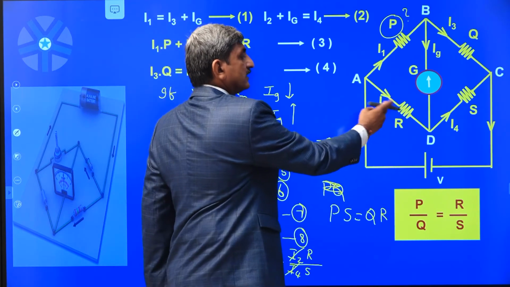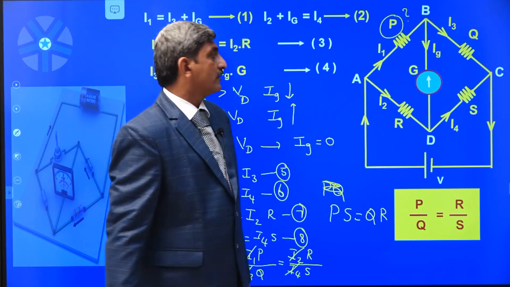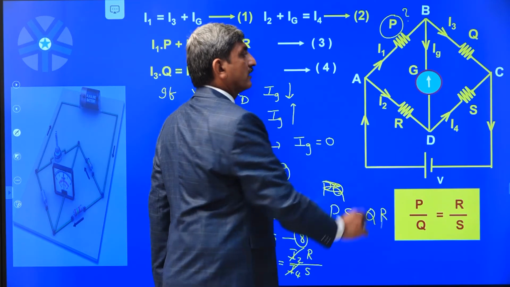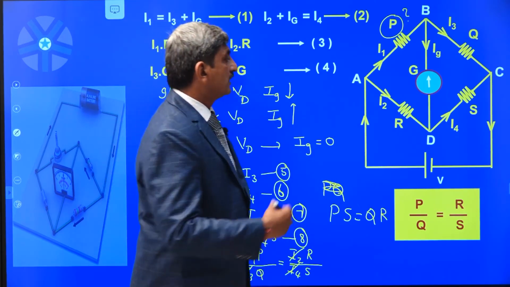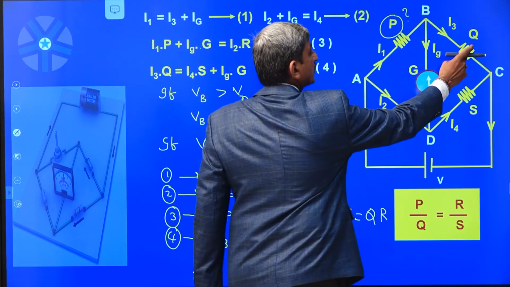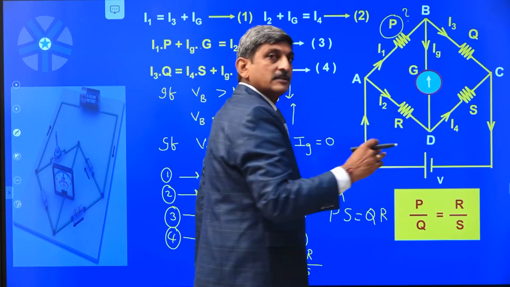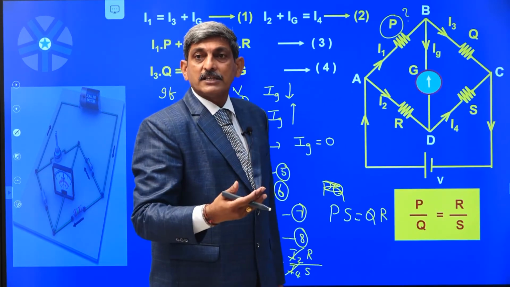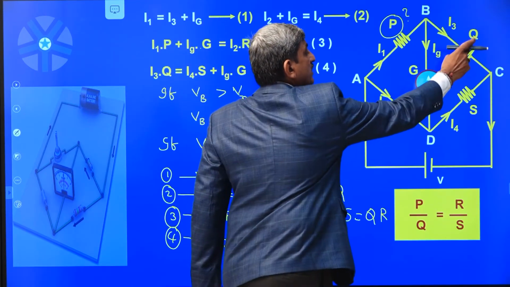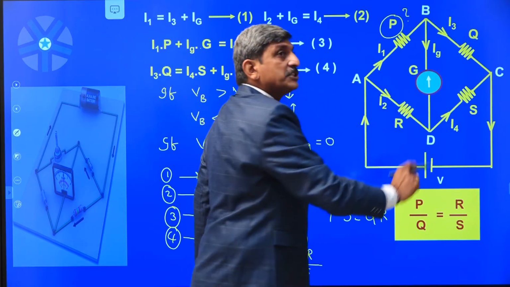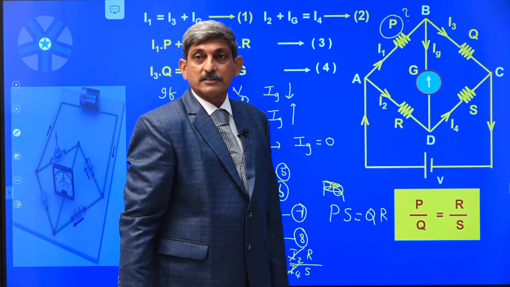Let us fix a standard resistance value in the place of R. Now change the resistance Q and S. By the trial and error method, change these values until we get zero current in the galvanometer.